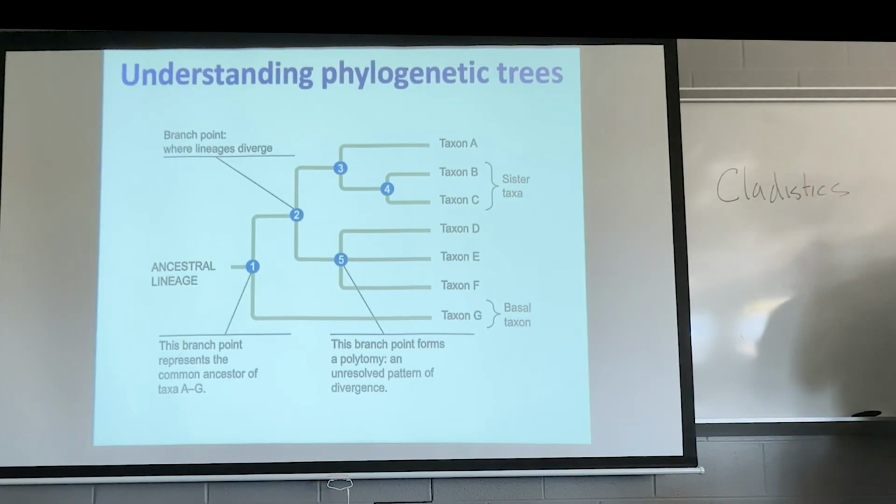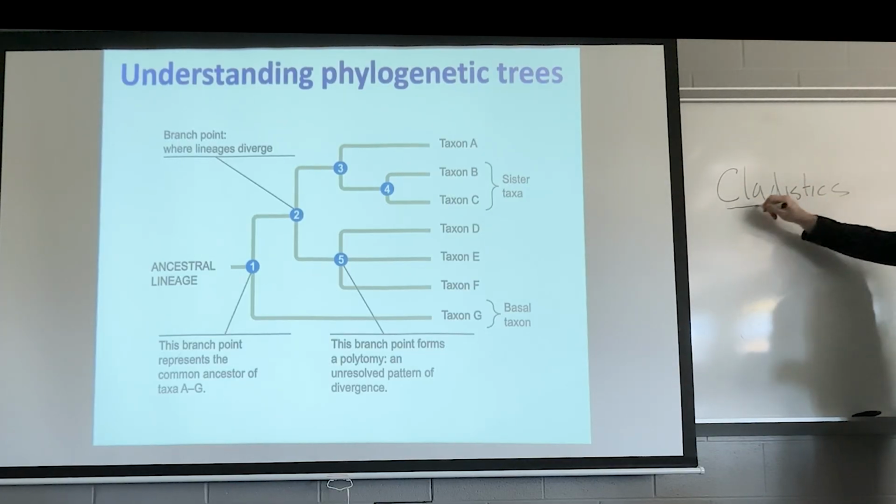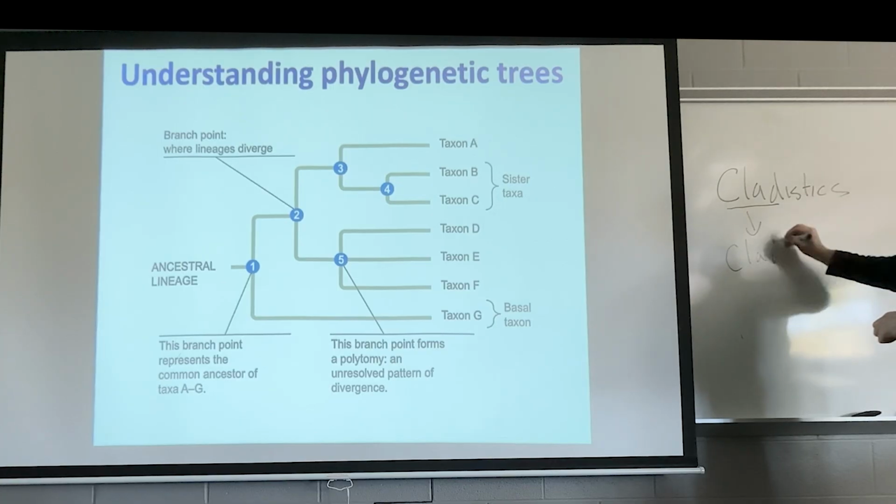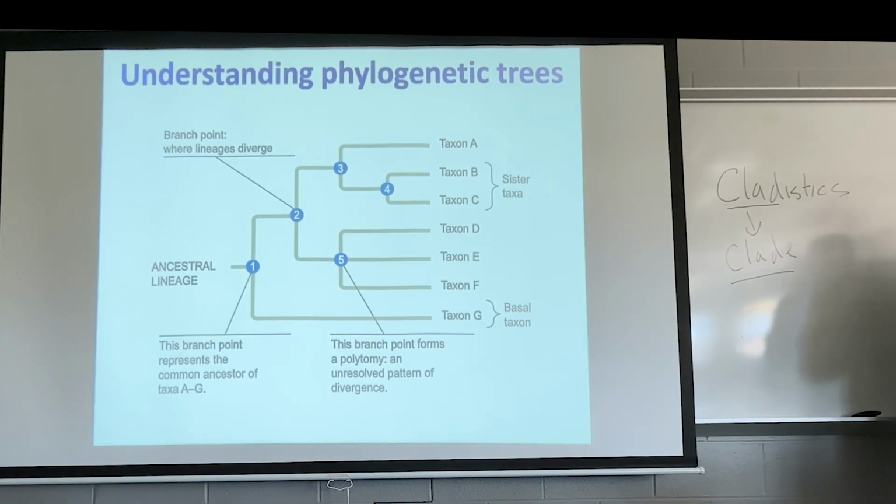So this word cladistics, the first part of the word is represented by what's called clade. A clade is an evolutionarily sound group or taxon. So remember, a taxon is a group of animals, or a group of plants, or a group of organisms. A clade is a specific taxon.